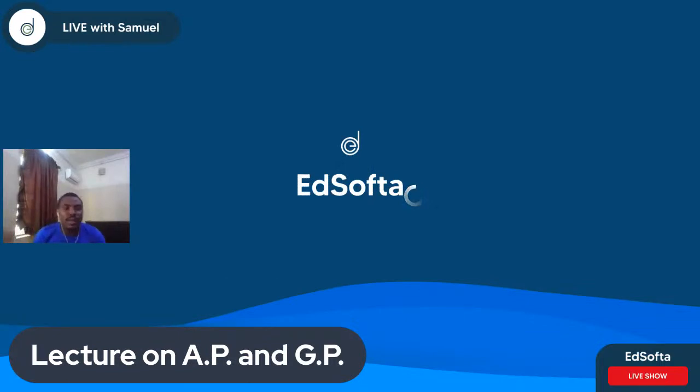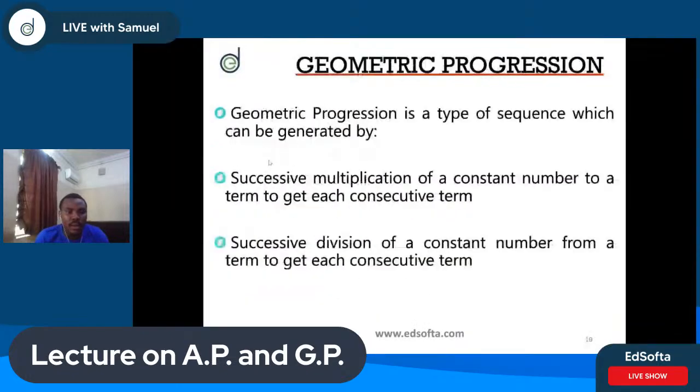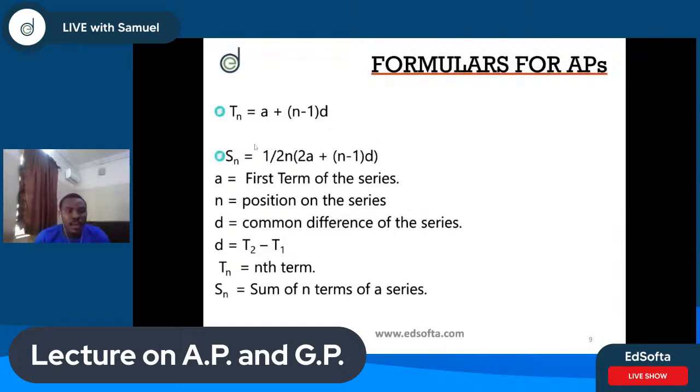If you look at the slides, there's another equation there. That equation is to find the sum of n terms in a series.